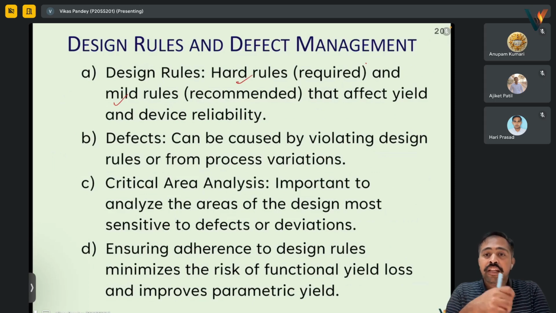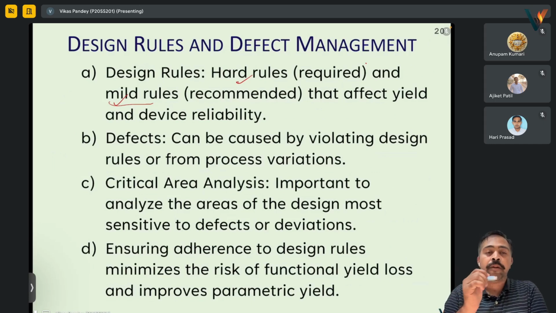Okay. Then there are mild rules that are recommended. If these recommended things are done, we will get the best output. But there can be some compensation. We can play with these rules.